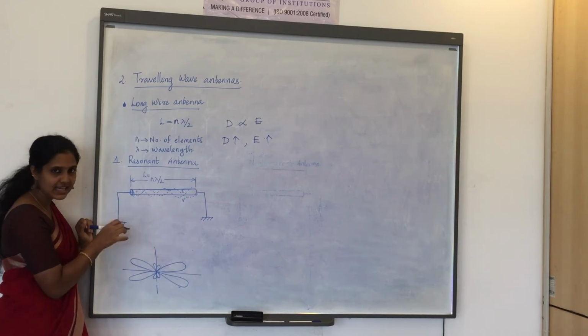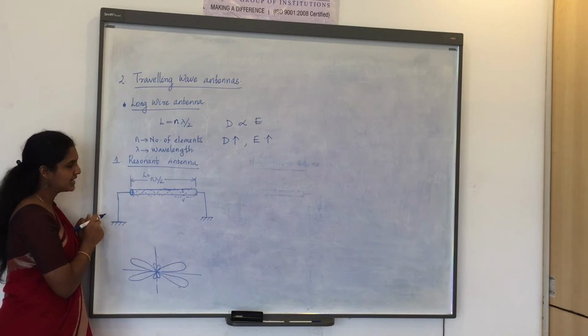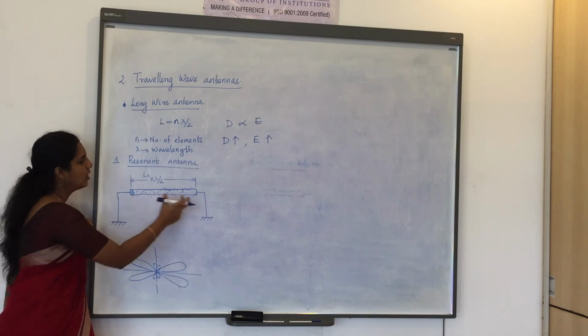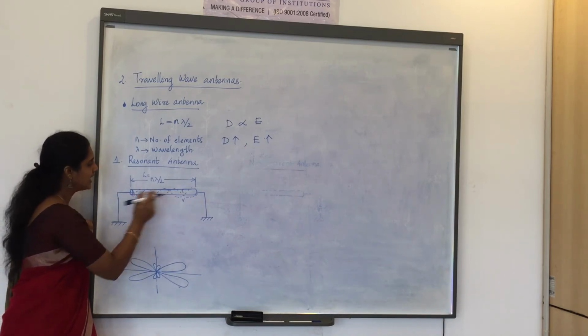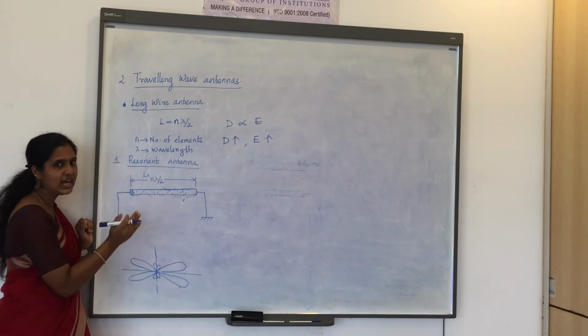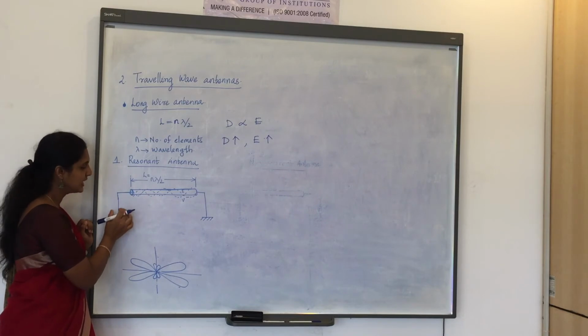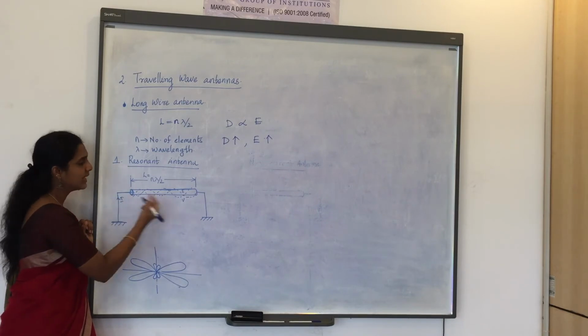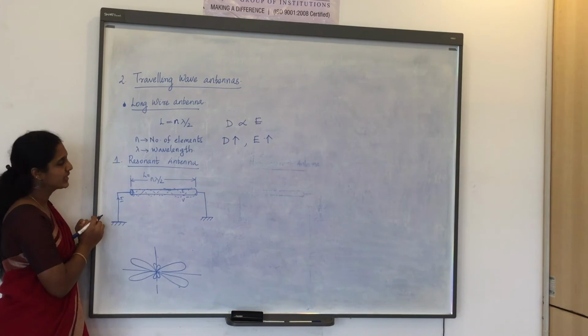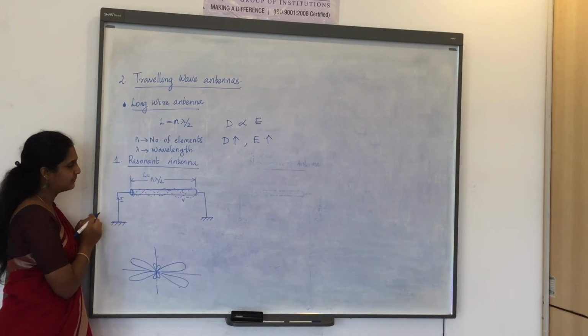The two ends, input end and output end, are open ends. There is no connection. We give a feed current into it, and the other end is always open. So that is a resonant antenna.